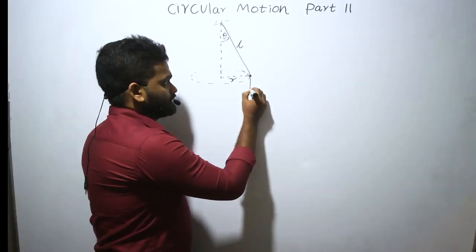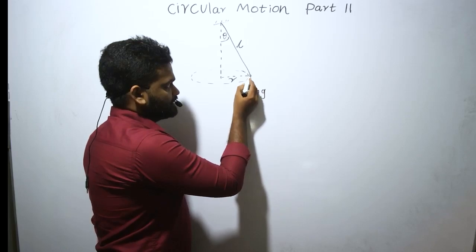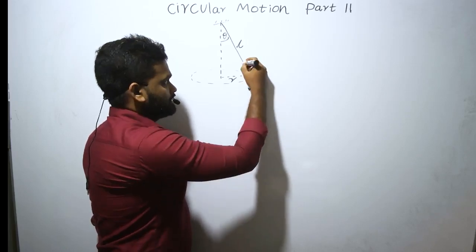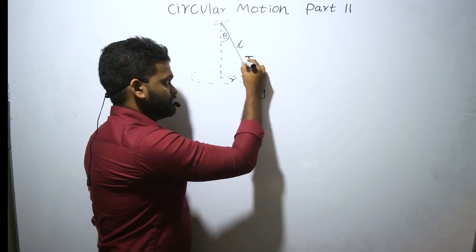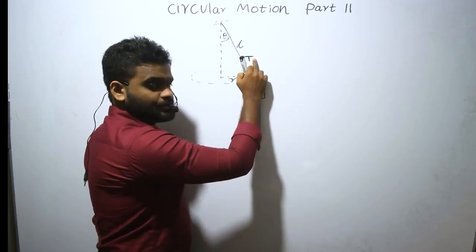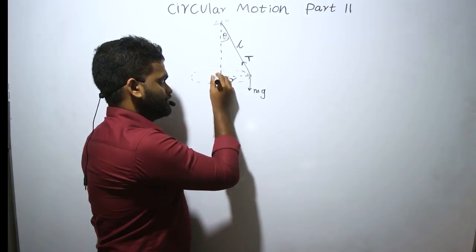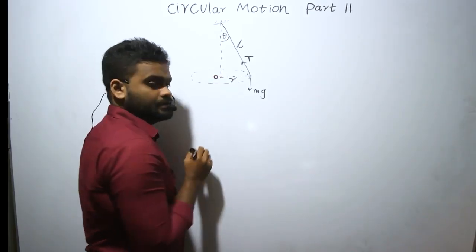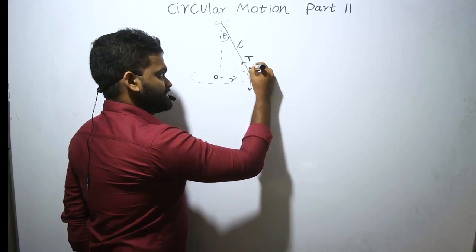First, mark all the forces. This is the free body diagram for this mass. Weight, and another force is tension, capital T. Weight and the tension. You can see this angle is theta, right?